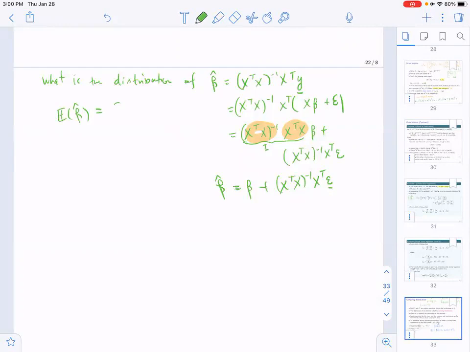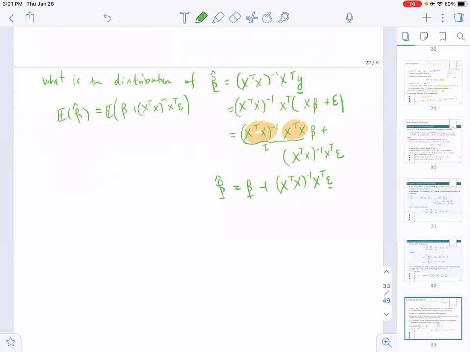So how do we conclude? So this part is still random. So when you take the expectation, there should be no randomness. So what is this? Would you take out the x transpose x inverse, and then one of those terms should cancel with the x transpose next to it, or maybe not?